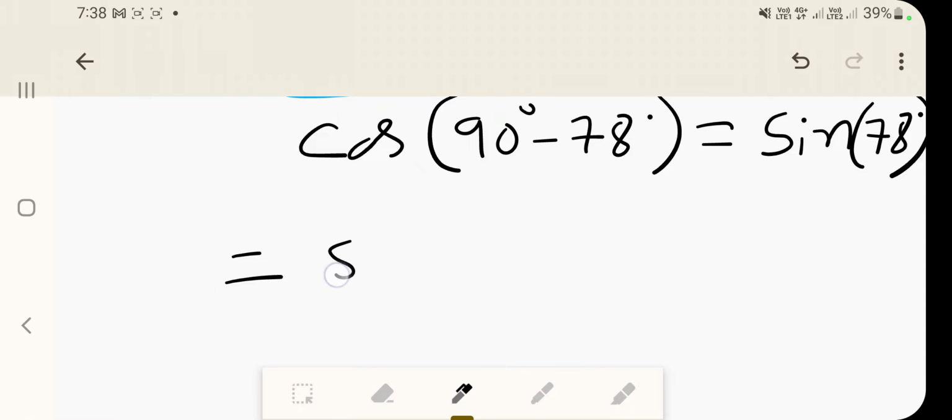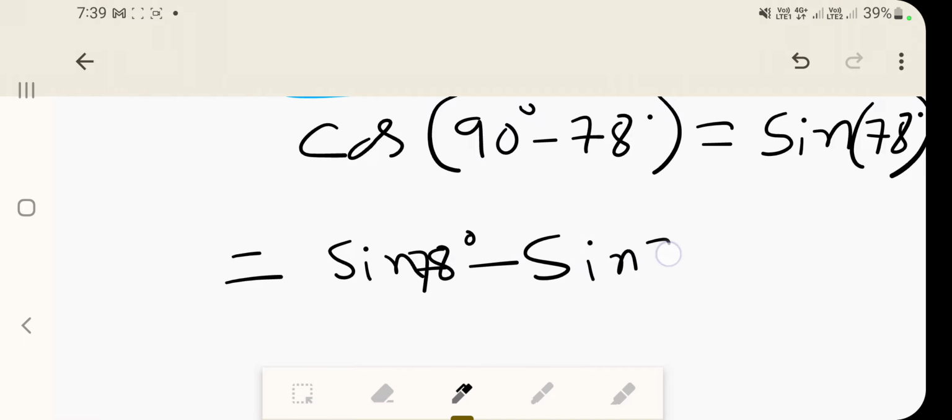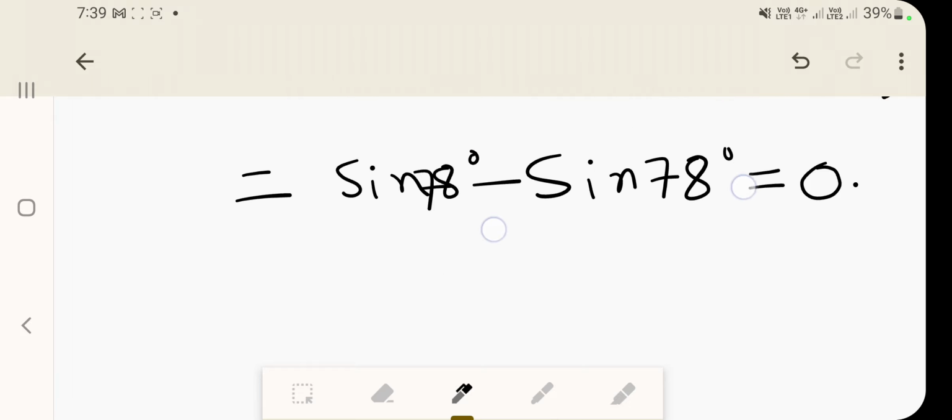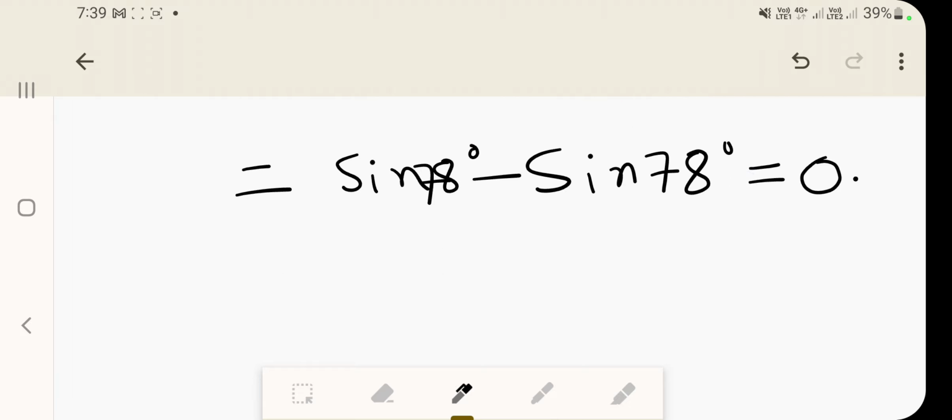So we get sine 78 minus sine 78, which is 0. If it had been a numerator and denominator, like sine 78 divided by sine 78, we would have got 1. But here it is minus, so sine 78 minus sine 78 is going to be 0.